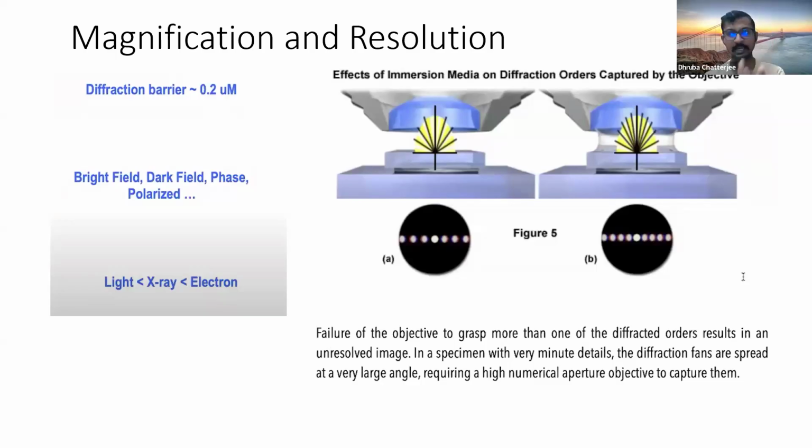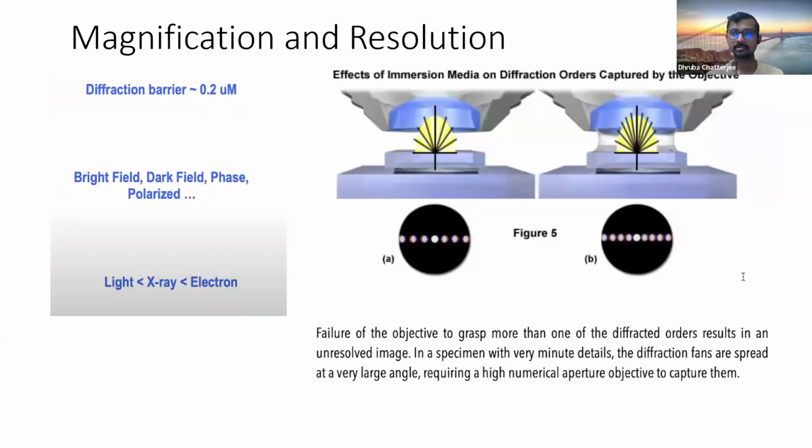But since you're using light as the illumination source, if two objects are placed at a distance of 0.2 micron or lower, then you will not be able to distinguish them as two different objects. You will see them merged to form a single object, right?